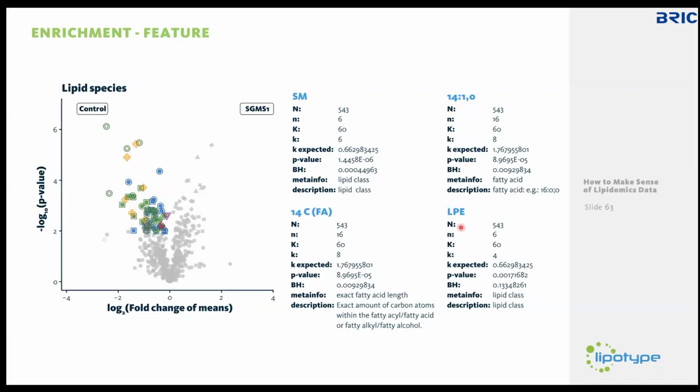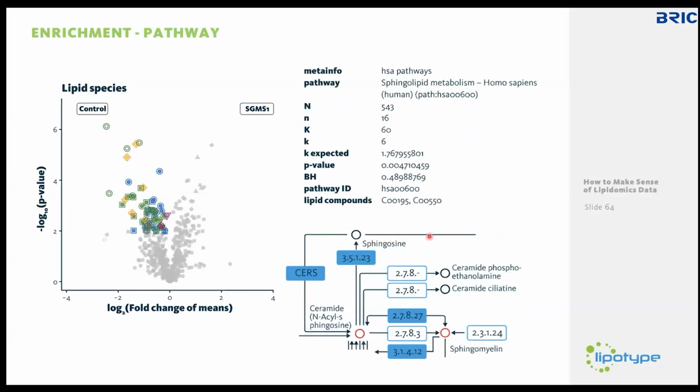So this is something new to look into. If you do the pathway enrichment analysis, we also find that the sphingolipid metabolism is enriched. That would give us another hint to look into these samples and ask whether there is anything specific in that pathway that is useful and that we should look at.